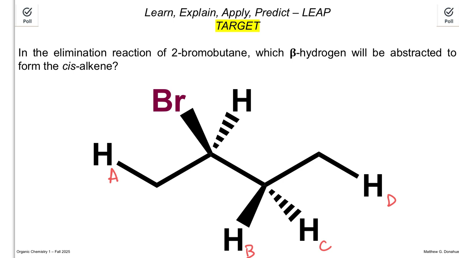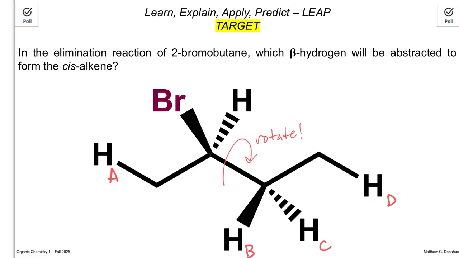So which one will give the cis alkene? And to recap that, you have to rotate about that sigma bond to put the correct hydrogen 180 degrees from the bromine.